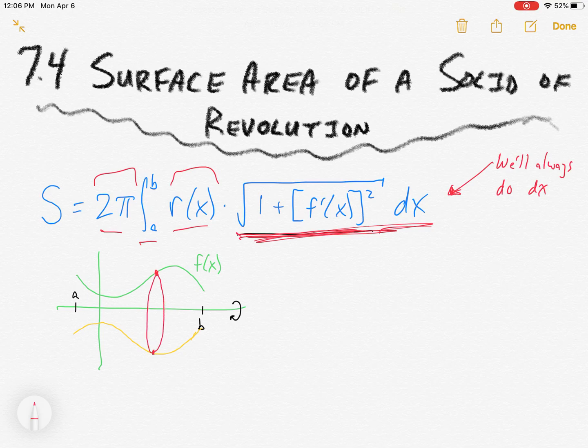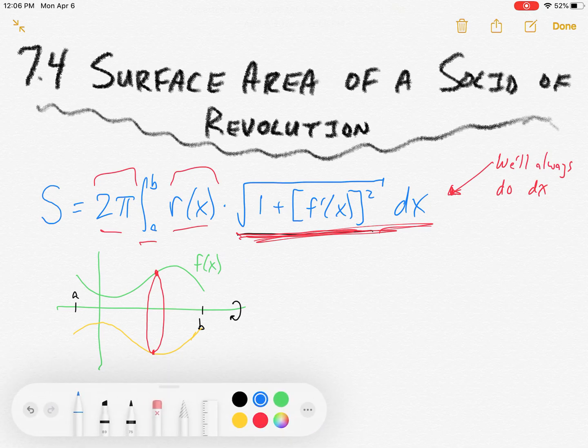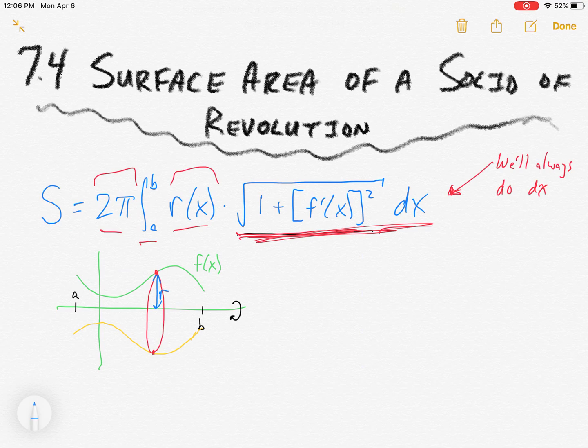As that revolves around, it makes a circle. What would the circumference of that circle be? It'd be 2 pi r, where r is that distance there, right? And r is obviously changing, so I'll call it r of x, just like they do. And so you're multiplying that circumference by the arc length, which is that.